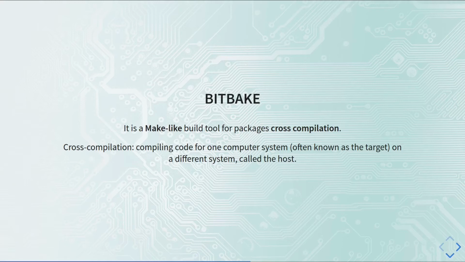It means that we are probably performing the build and the customization on a machine that is different from the machine on which this operating system will run. So cross-compilation is exactly this: compiling code for a computer system on a different system, called the host.